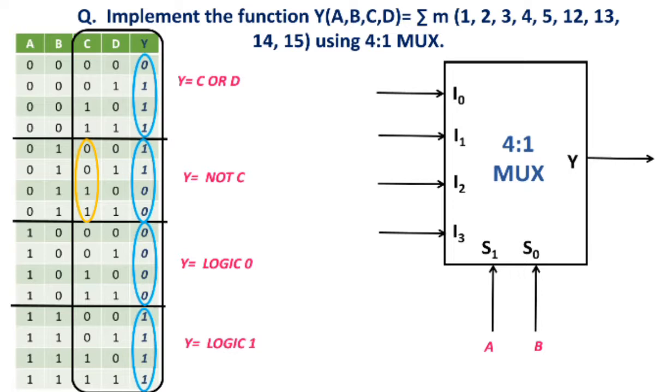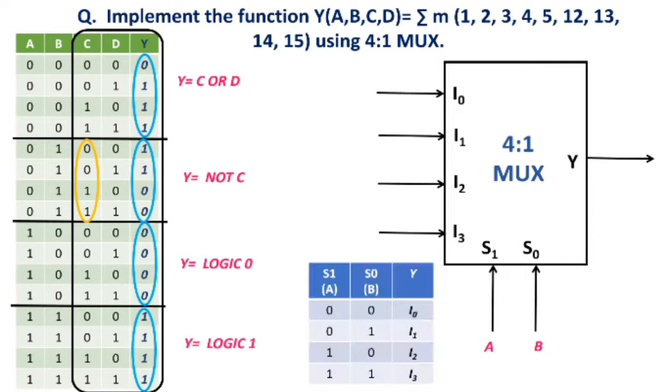Now if this is done, I need to keep in mind the working of the 4:1 MUX. I know that the 4 is to 1 MUX works on the basis of the combinations you have on the select lines. So here I know that S1 is nothing but A, S0 is nothing but B. So according to the truth table of a 4 is to 1 MUX, when both the select lines are 0, 0, what goes to the output is I0, right?